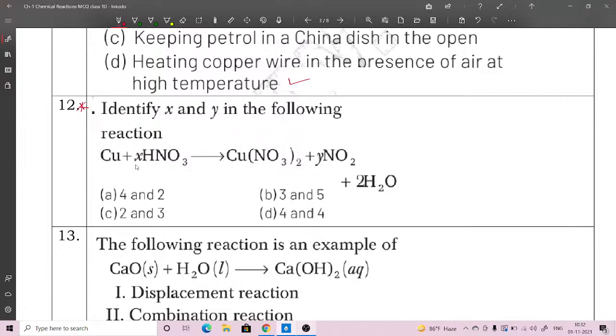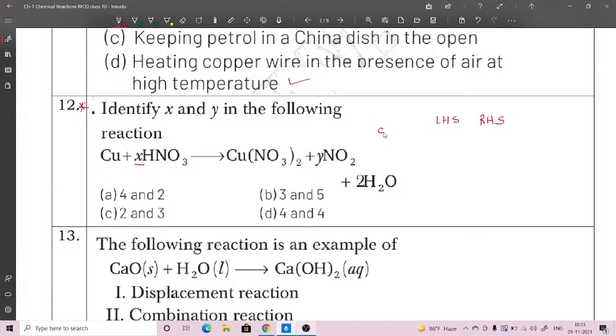Copper plus X HNO3 gives you copper nitrate plus Y NO2. Let us balance this and let us write the left hand side and the right hand side. What is the number of atoms?